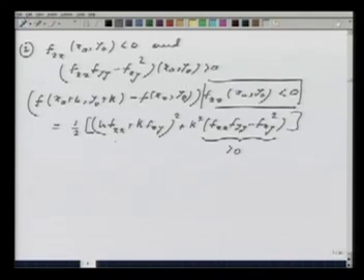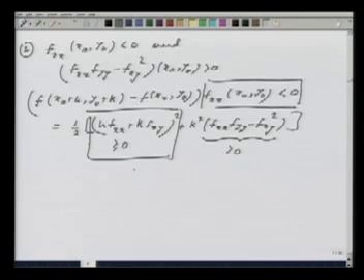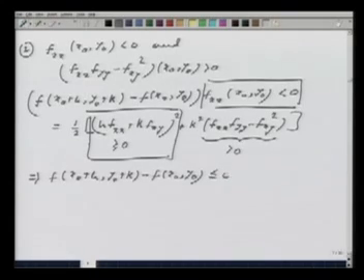Putting together, since this is always bigger than or equal to 0, these three facts imply f(x₀+h, y₀+k) minus f(x₀, y₀) is less than or equal to 0.